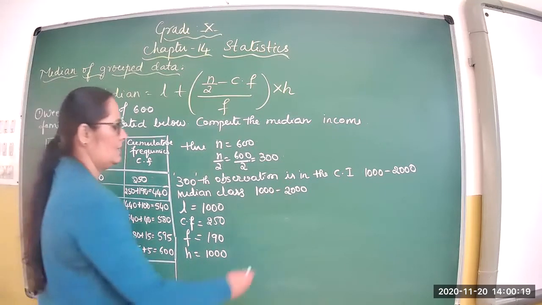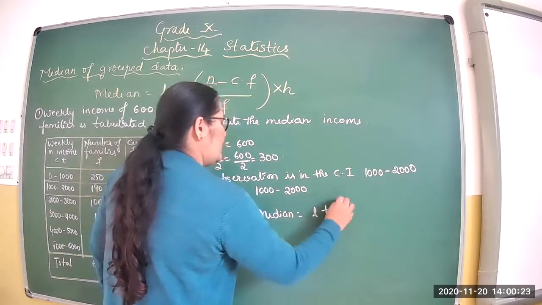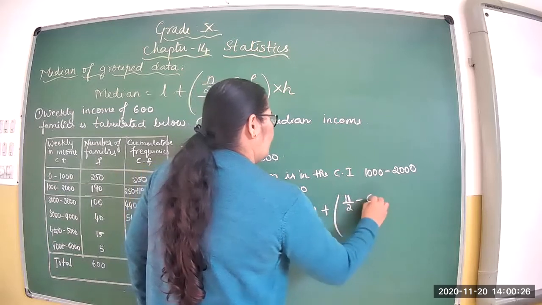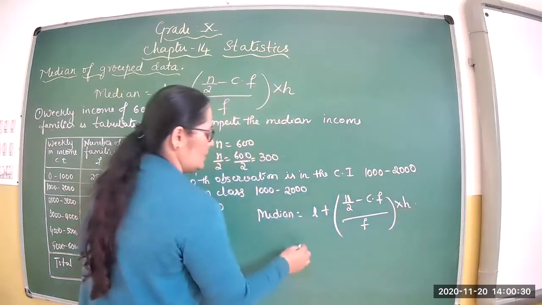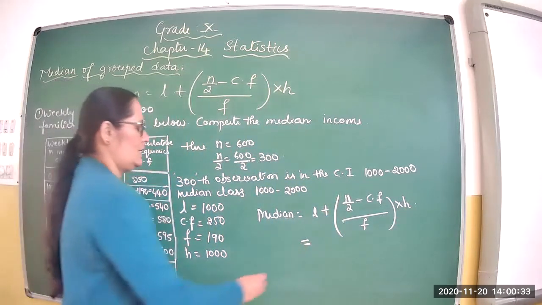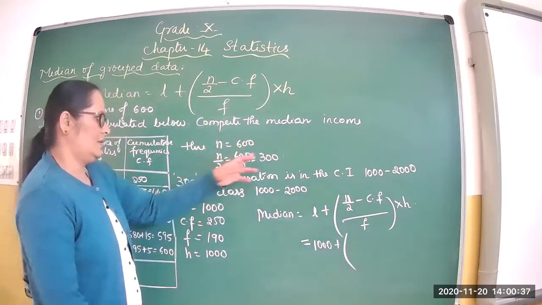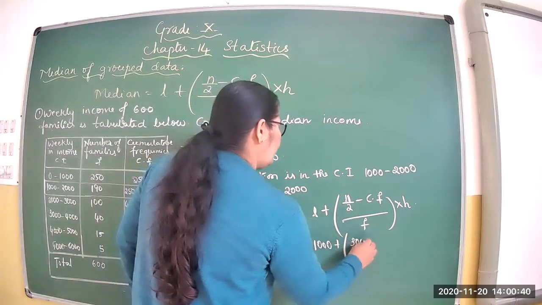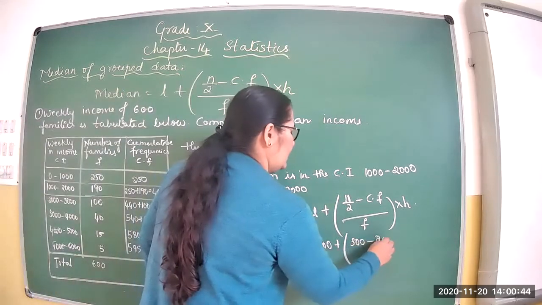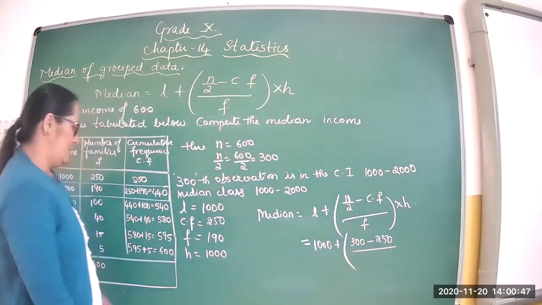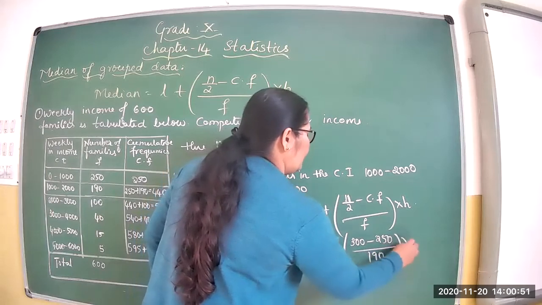Now use the formula: median equals L plus (n by 2 minus F) upon f, into h. The lower limit of the median class is 1000, n by 2 is 300, the cumulative frequency of the preceding class is 250, and the frequency of the median class is 190, into 1000.